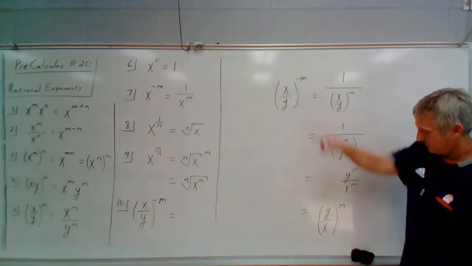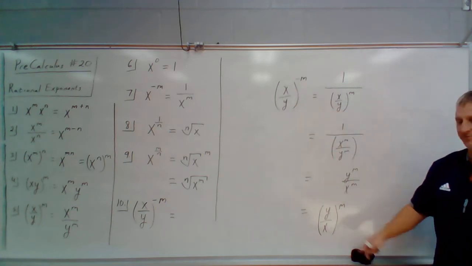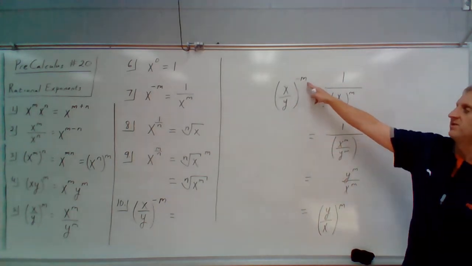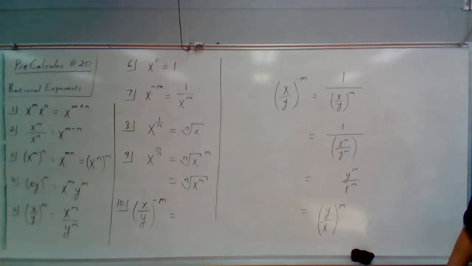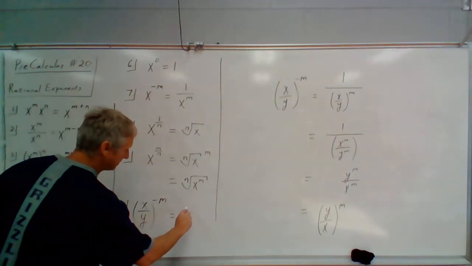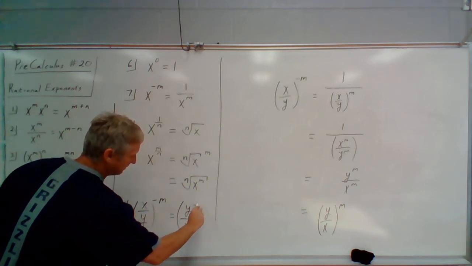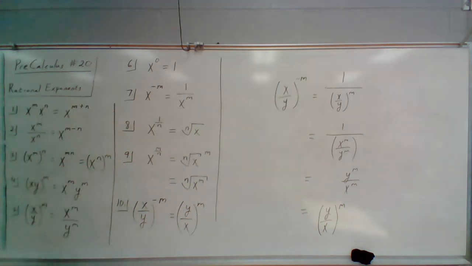This negative exponent caused the fraction to flip upside down. So it was x over y, now it's y over x. And the exponent became positive. So our rule is x over y to the negative m is equal to y over x to the m power. And that's a useful rule to use sometimes, even though it's not really a new rule, it's just like rules number 5 and 7 combined.